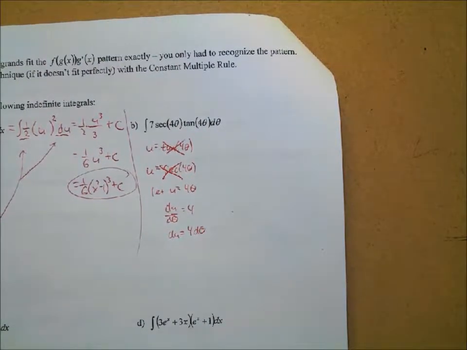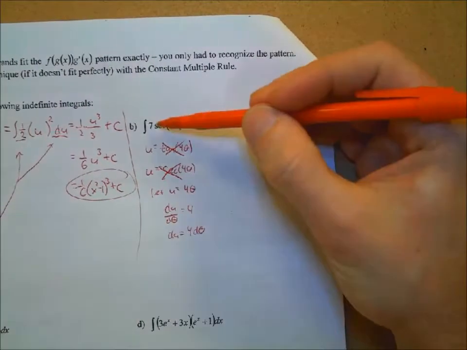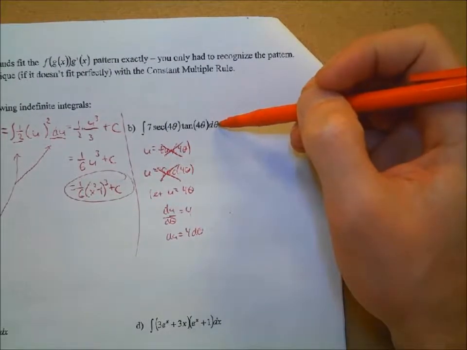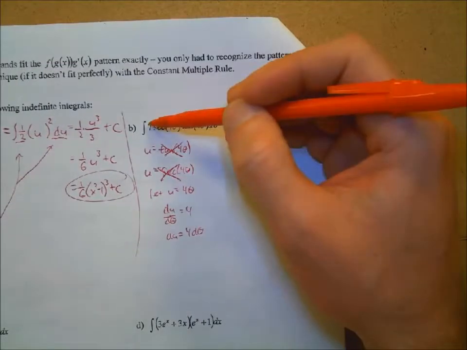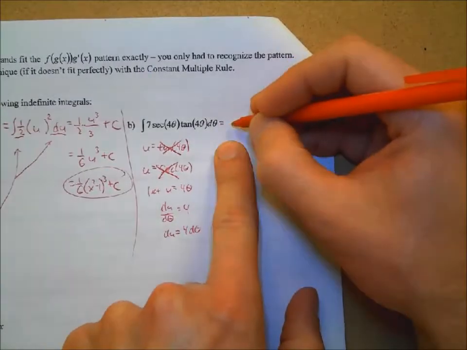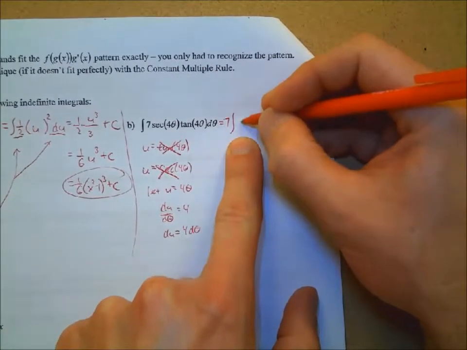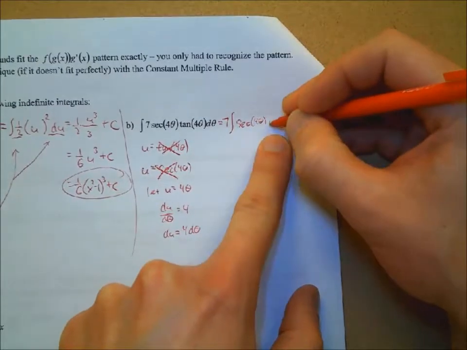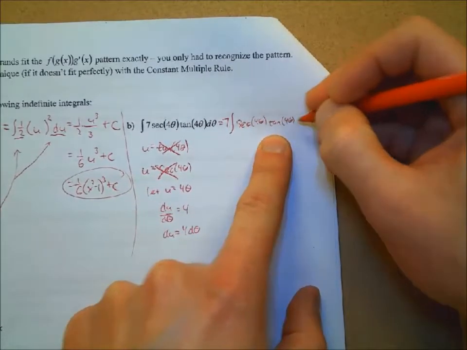Okay. Now you'll see here we have a 7 d theta. But this 7, we can kind of pull that 7 out front of our integral if we want to, and make it 7 integral secant 4 theta tangent 4 theta d theta.